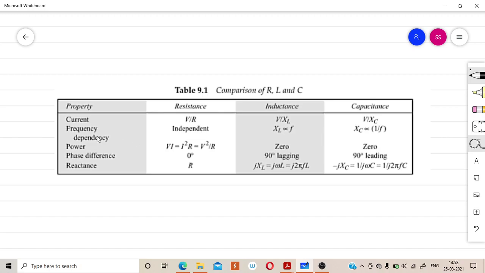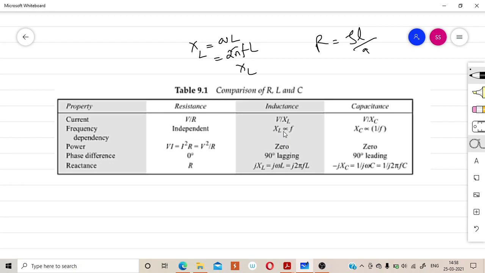In R you don't have any frequency term because R is equal to rho L by A. But in the case of inductive reactance, XL is equal to omega L, which is equal to 2 pi FL.